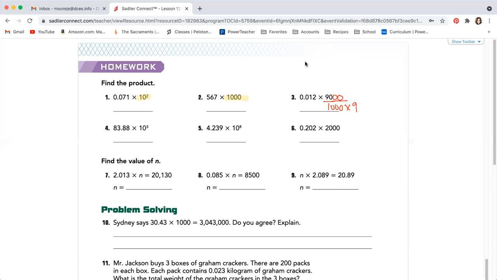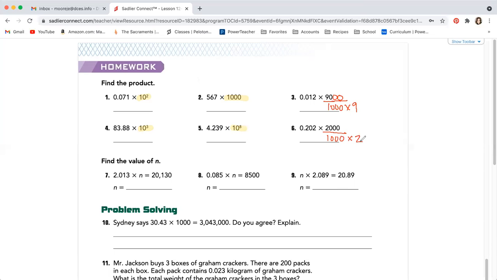And I'm moving forward here. I see number 4 is a power of 10. That's easy. Move it 3 times. Oh, move it 8 times. You're probably going to have to add some zeros, right? Number 6. Oh, hold up. We don't have a power of 10. We can decompose it and make it a power of 10 though. How? 1,000 times what?